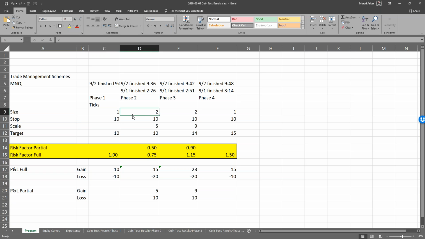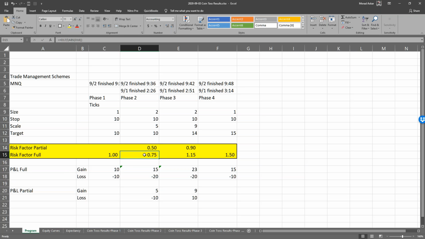Scenario 2, we're trading 2 with a stop at 10, but we're going to take our risk off the table relatively quickly at 5. And then we have a target on the second for 10. If we get filled partially, meaning we get 2 lots, and then we get a scale out, we get stopped on the second, we have a 0.5R.